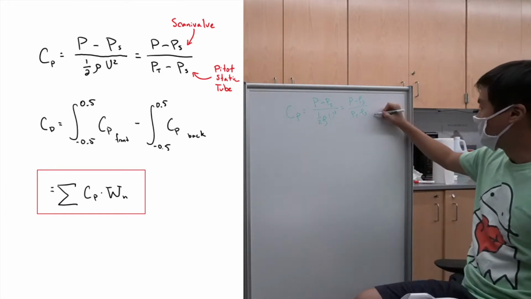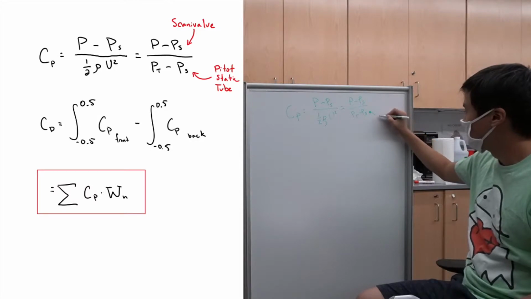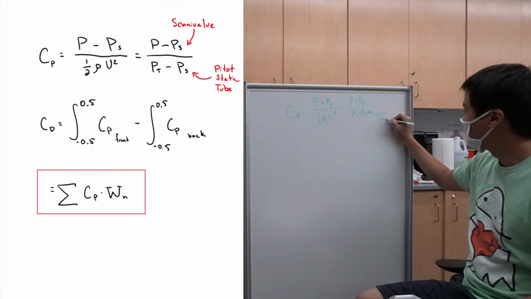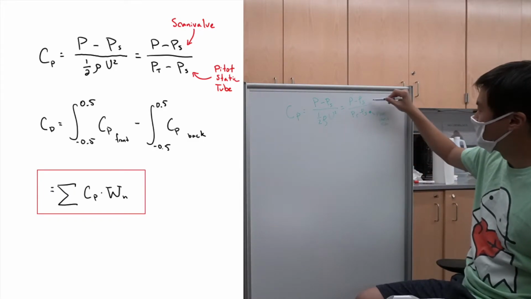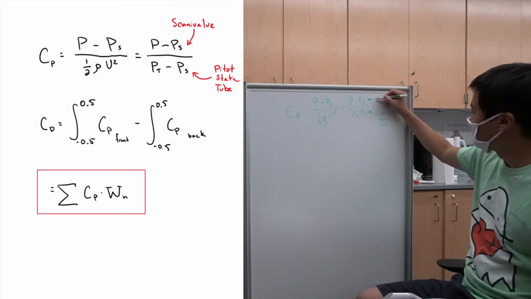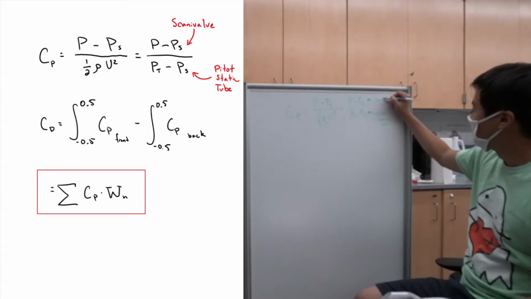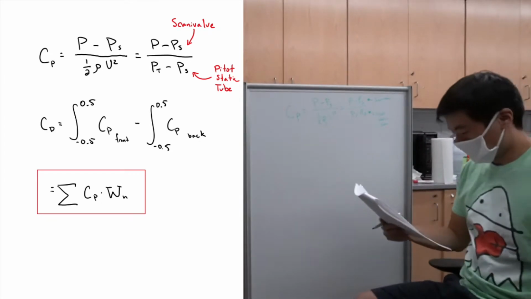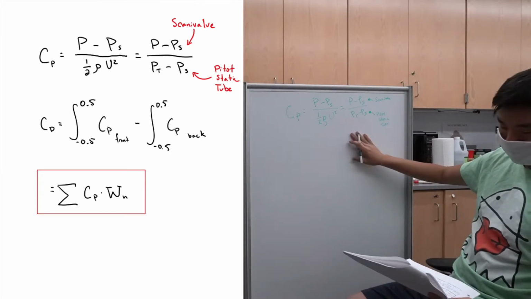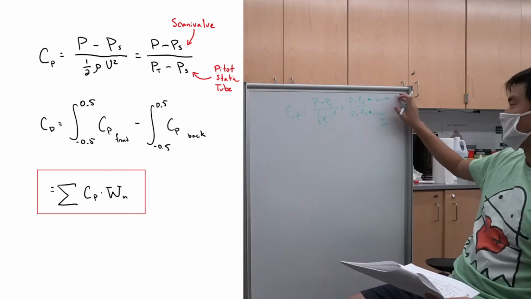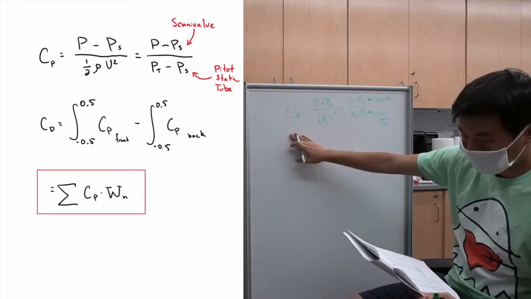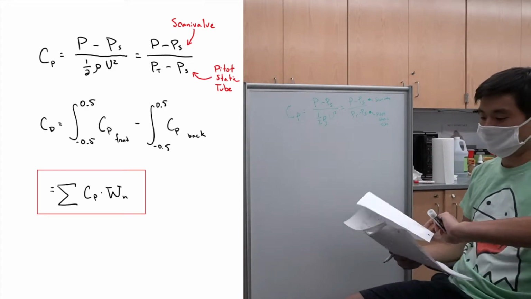And we measure this from our pitot-static tube, and then these are just sampled from our Scanivalve. And so we can see that the pressure coefficient is just a ratio of two voltages, just this voltage divided by this voltage, essentially. And so from this, we can calculate the pressure coefficient at each location.